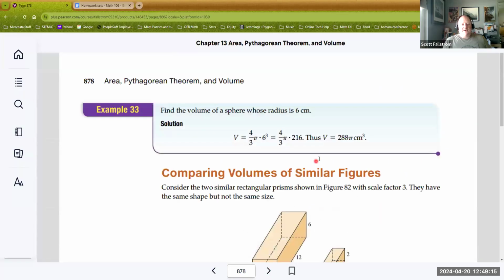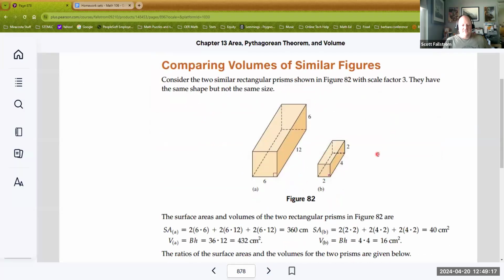Let's see here. Comparing volume of similar figures. Scale factor of 3. We're getting back to the ideas that we talked about in the beginning. If you increase one side by a factor of 3, it's 3 times as big. If you increase each side of a two-dimensional figure by 3, the area now becomes 3 squared times.